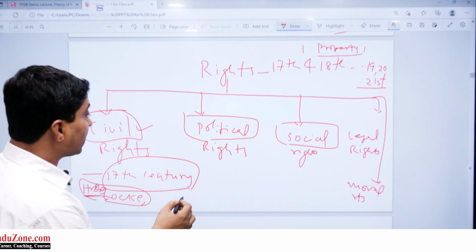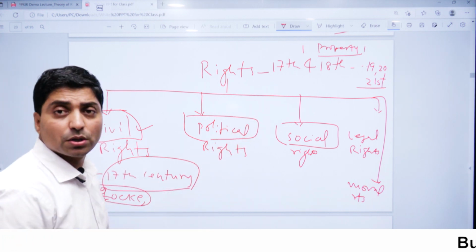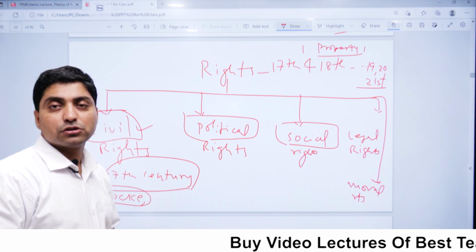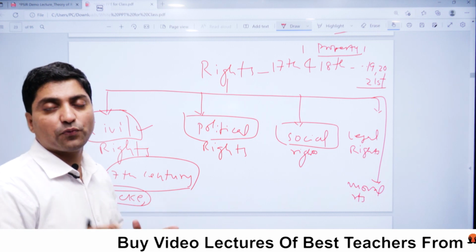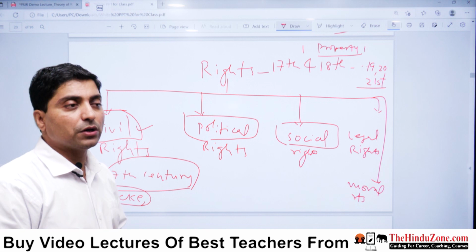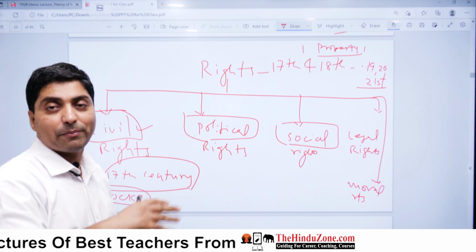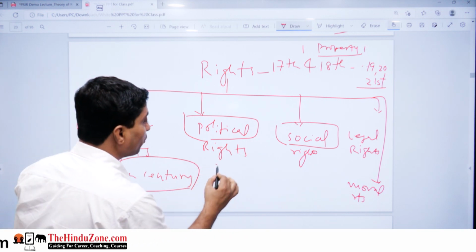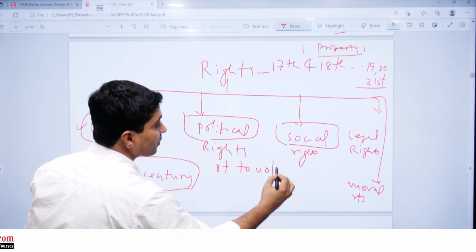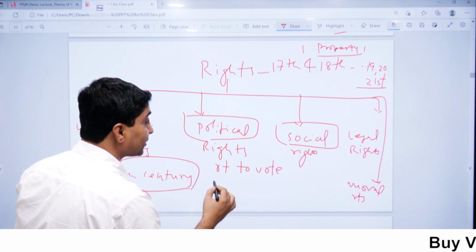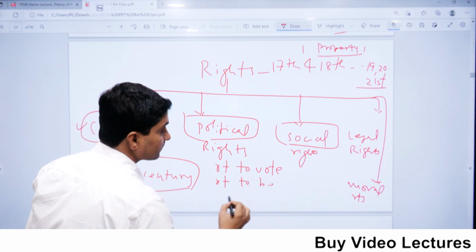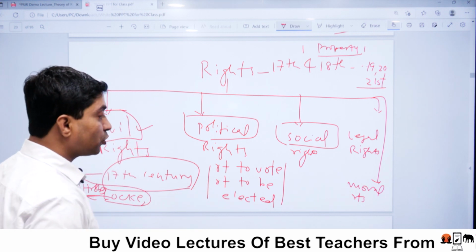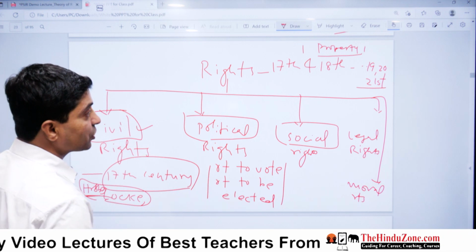Now come to the political rights. If you look at the 18th century, the right to vote was extended to different groups, for example, right to vote to the working class, right to vote to women. So political rights were extended. Now the right to vote, the right to be elected, these rights evolved in the 18th century.